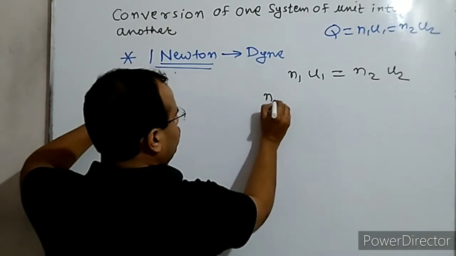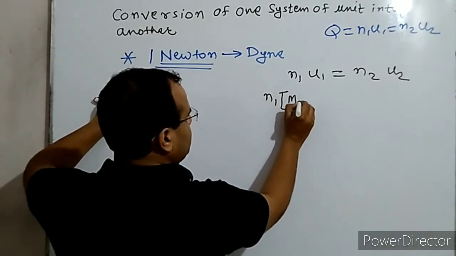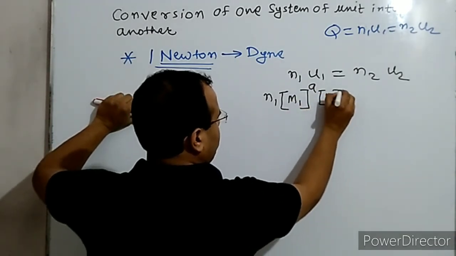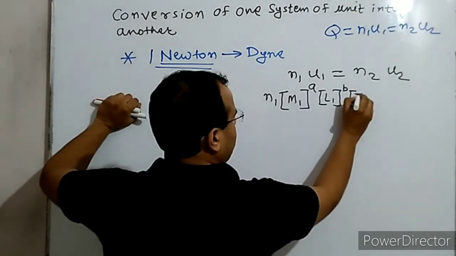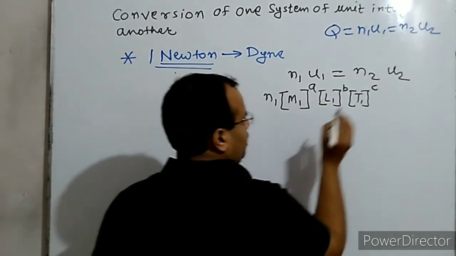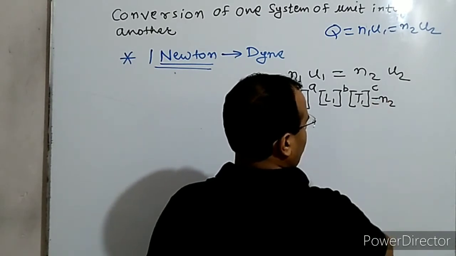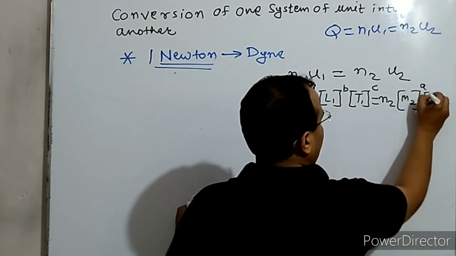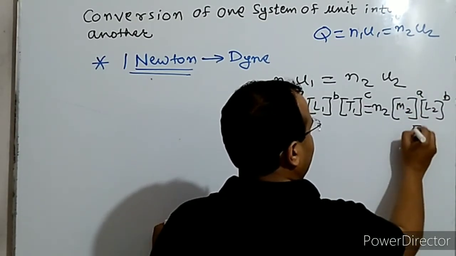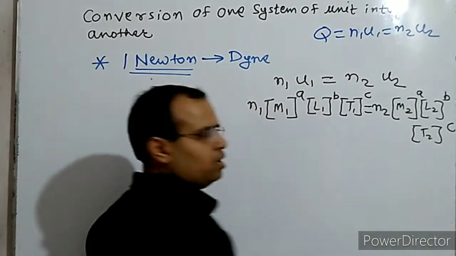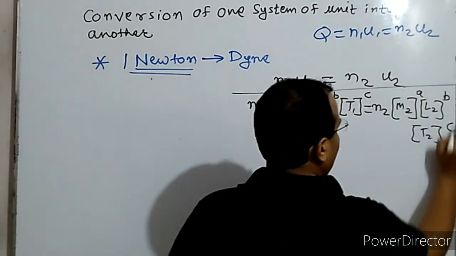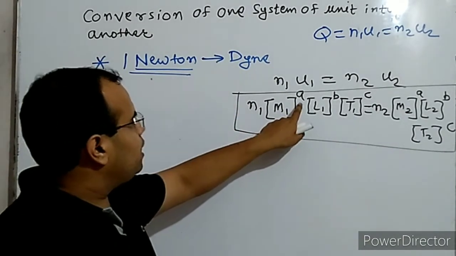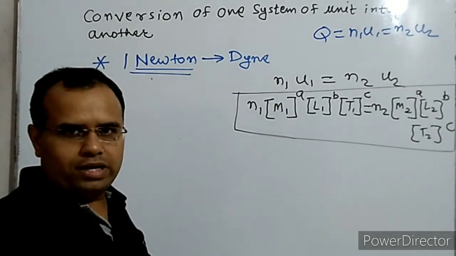N1 is the numeral value, U1 can be written as M1 to the power A, L1 to the power B, and T1 to the power C, equals N2, and U2 can be written as M2 to the power A, L2 to the power B, and T2 to the power C. So this is the formula which we are going to use here to convert one system of units into another. A, B, C are the dimensions of that physical quantity.